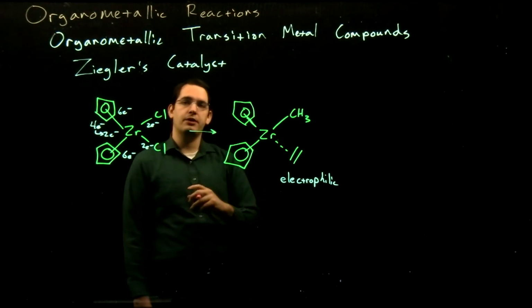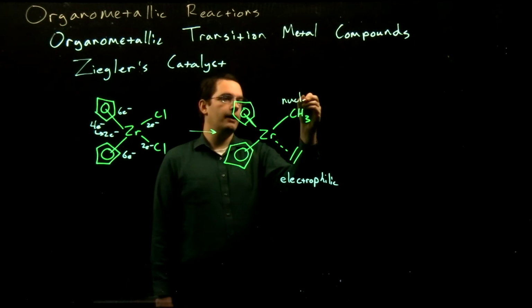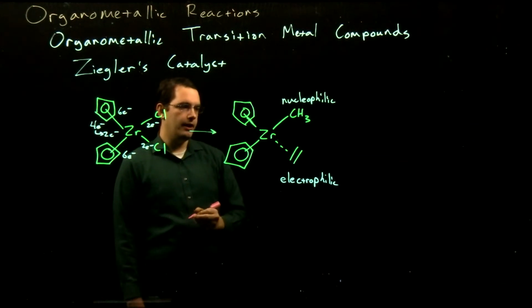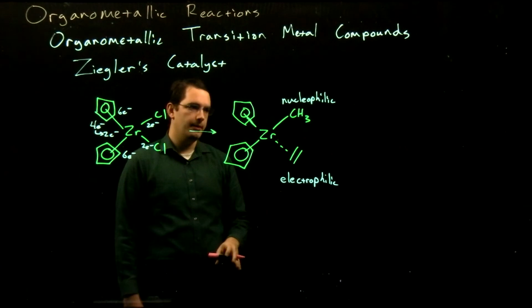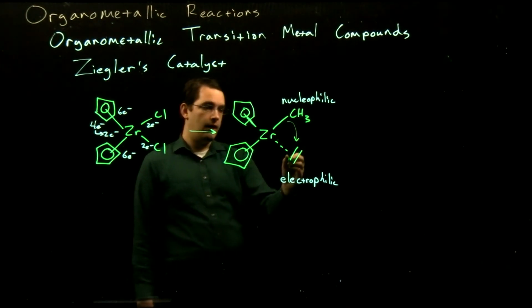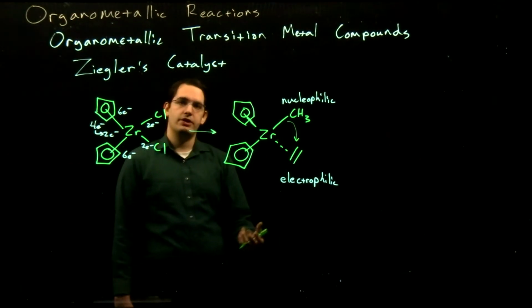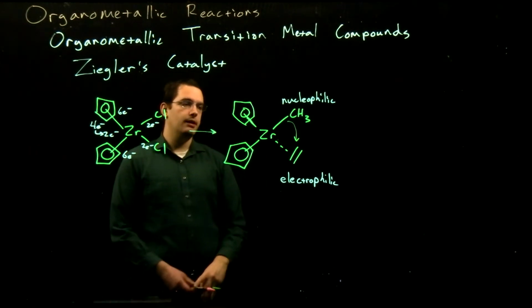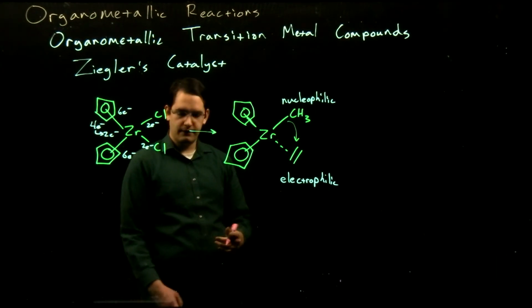We can bond another carbon group on here, and of course, as always, this carbon becomes nucleophilic because it's more electronegative than our metal ion here. So we have a nucleophilic carbon and an electrophilic carbon. So then we're going to be essentially attacking our carbon onto that alkene, and we can end up then creating a longer chain of carbons. If we repeat this multiple times, we can do a polymerization reaction catalyzed by this transition metal complex.